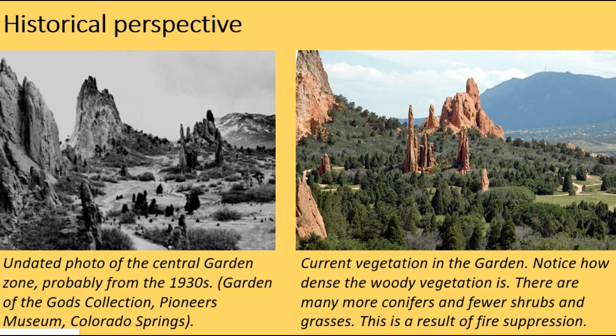So let's take a look at this historical perspective. These life zones have always been here in the garden, but their relative abundance has really changed over time. The picture on the left is one that is in the Garden of the Gods restoration plan, which I have cited later in the presentation.